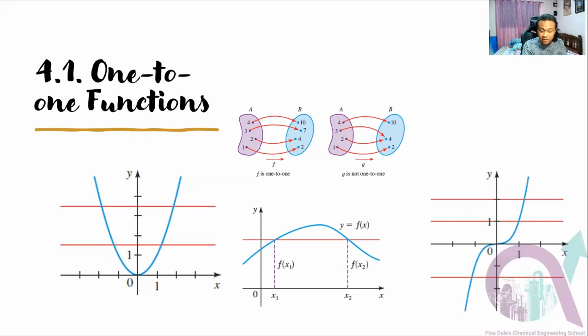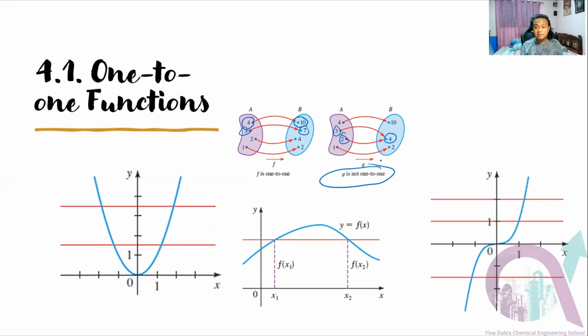If you can see, one input corresponds to one output. In the next function, G, 3 and 2 give an output of 4. So that is not a one-to-one function anymore, because two inputs give only one output.